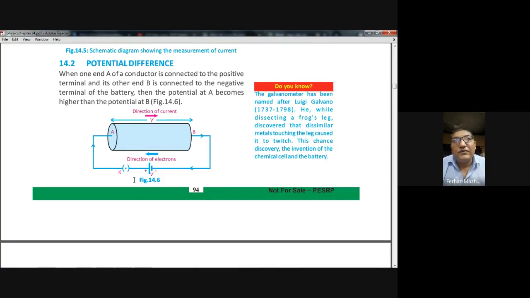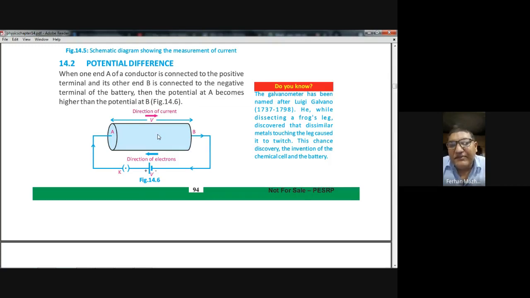So, conventional current is the current which comes out of the positive terminal of the battery, flows through the circuit and comes back to the negative terminal. It will pass through this resistor.